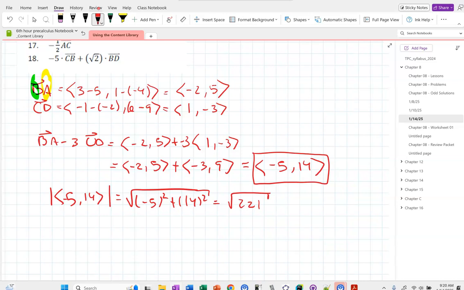I don't think that's a 9. No, it can't be a 9 because it's not divisible by 3. I don't think it might be prime for all I know. Or if it is, it's going to be like 17 times 19 or something. 17 times 13. There you go. That's what it is. But that doesn't simplify the radical anymore, so it's just that or the decimal.